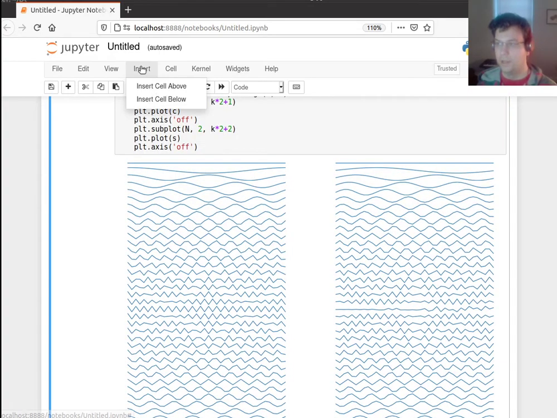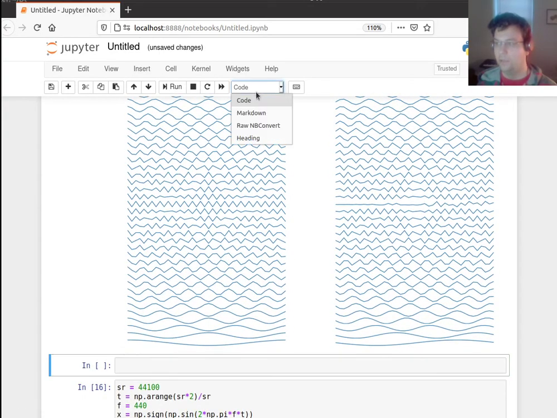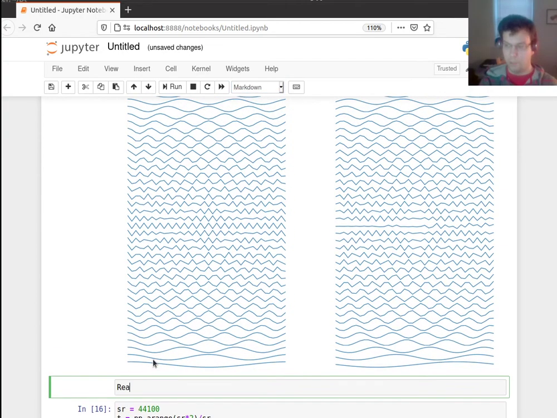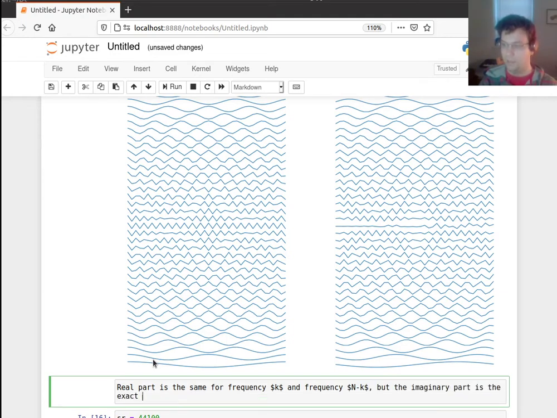So let me actually write that down. We say that because the real part is the same, in particular, the real part is the same for frequency k and frequency n minus k. But the imaginary part is the exact negation between frequency k and frequency n minus k.